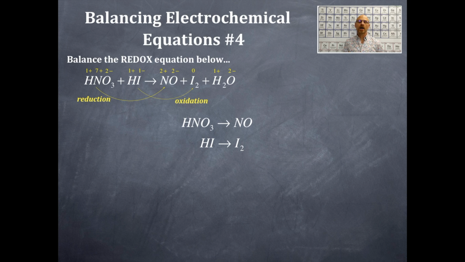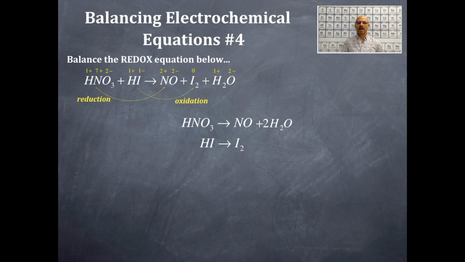Now there's an unbalance of the number of oxygens, and that's the next element I balance. There's 3 oxygens on the reactant side, and 1 oxygen on the product side. So I add an equivalent number of waters, H2O, to balance the oxygens. I need 2 oxygens, therefore 2 water molecules.